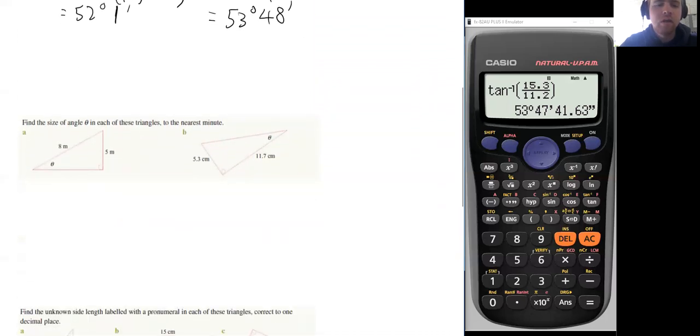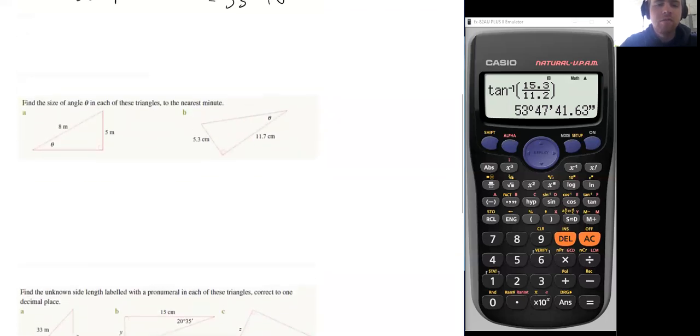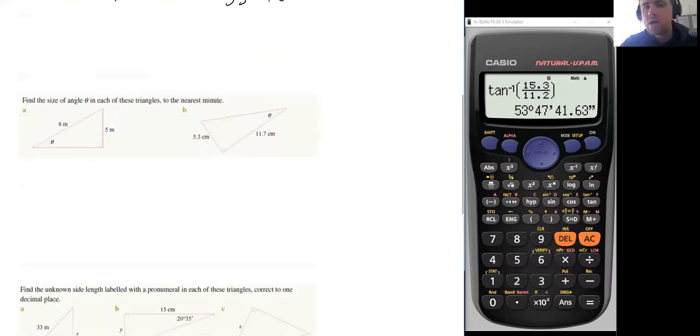We're just going to do a couple of these as a bit of practice. So in these questions, we need to find the size of the angle for each of these triangles to the nearest minute. What we're first going to do is look at the angle. It's in that bottom left corner for A, and we're going to think what relationship do those sides have.